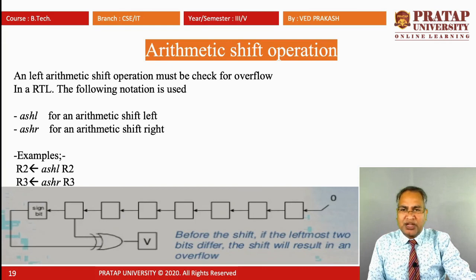So, to check this overflow, we basically use an XOR gate at the MSB and the previous bit of the MSB. In the XOR gate, we take two inputs: the first input from the MSB and the second input from the previous bit of the MSB.